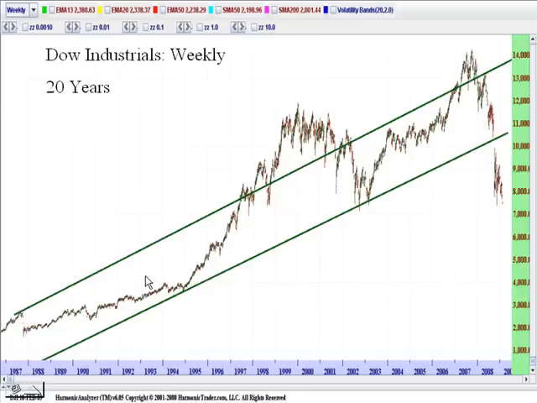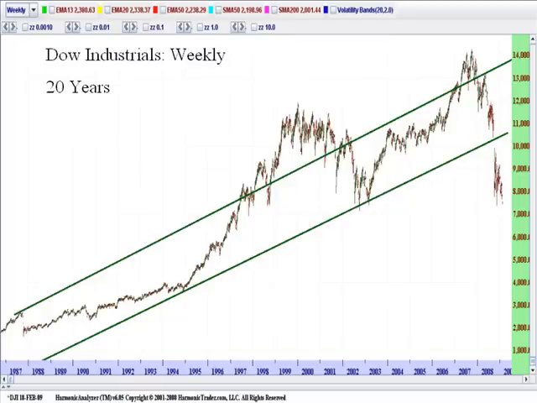And we can assume that the 1995 rally starting at 3,600 up to the 2007 peak above 14,000 is fair game. It's not going to go straight down, but it's fair game.